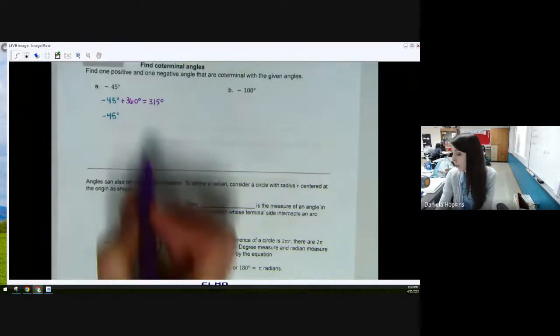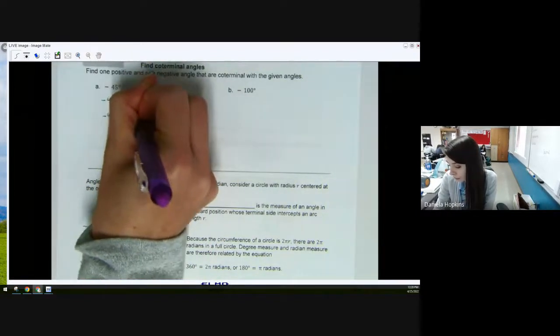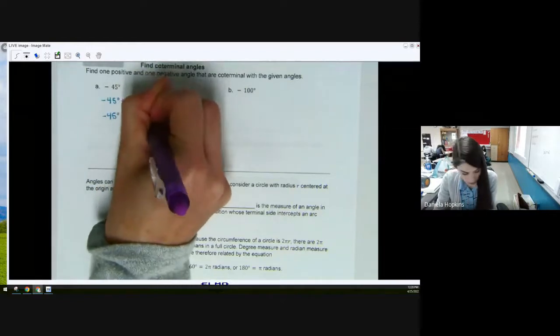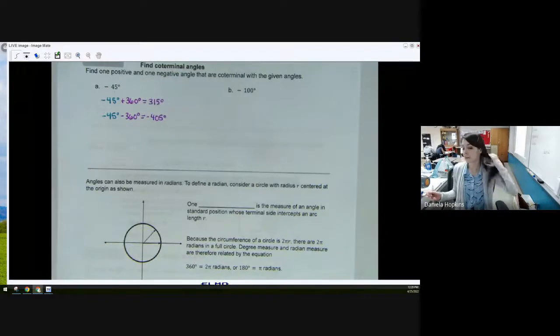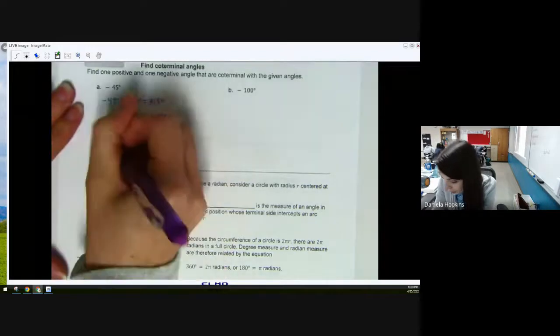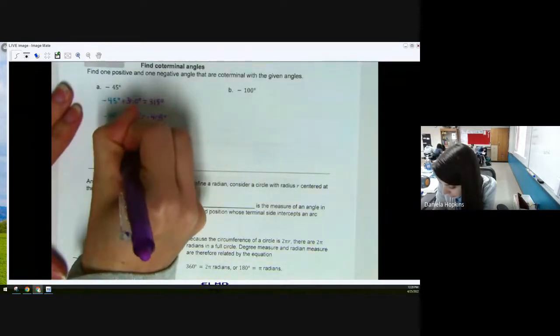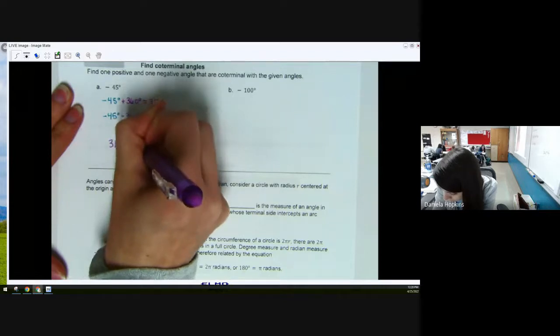Yeah, I can just go the other way with my full rotation. So I'm going to go minus 360 degrees, and so I get negative 405 degrees, which I guess is not between negative 360 and 360, but you get what I'm saying, hopefully. So then my final answer on GoFormative, you would just enter these two answers with commas: 315 degrees and negative 405 degrees.